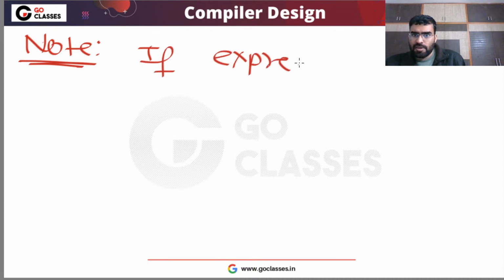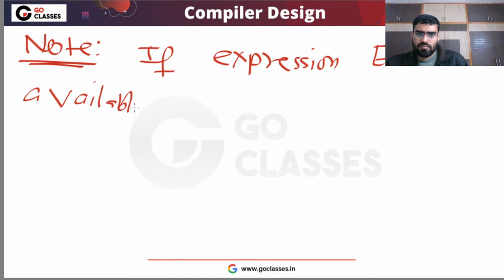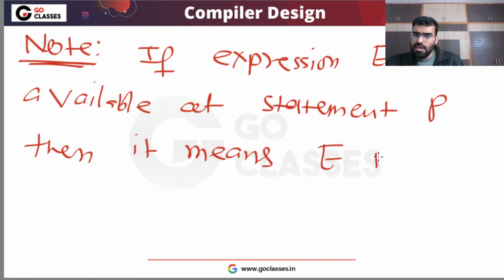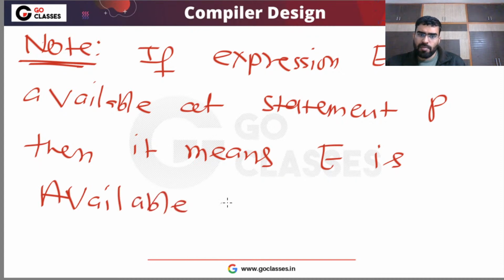If expression E is available at point P, then it means E is available on all the paths that are coming to P. Yes or no?